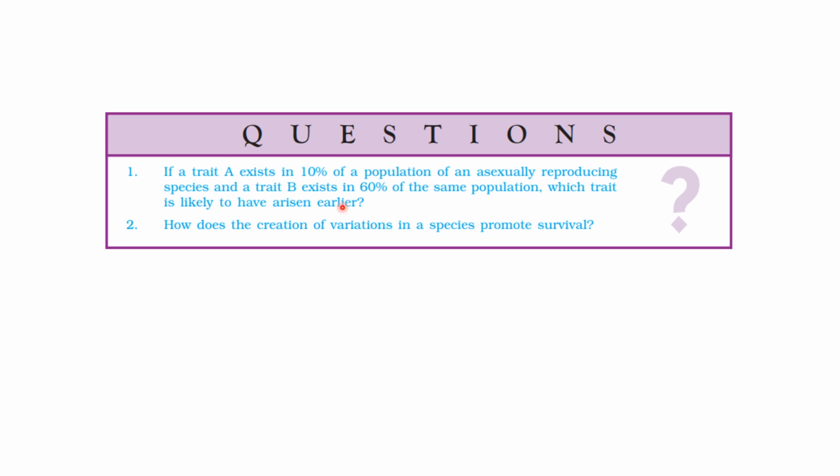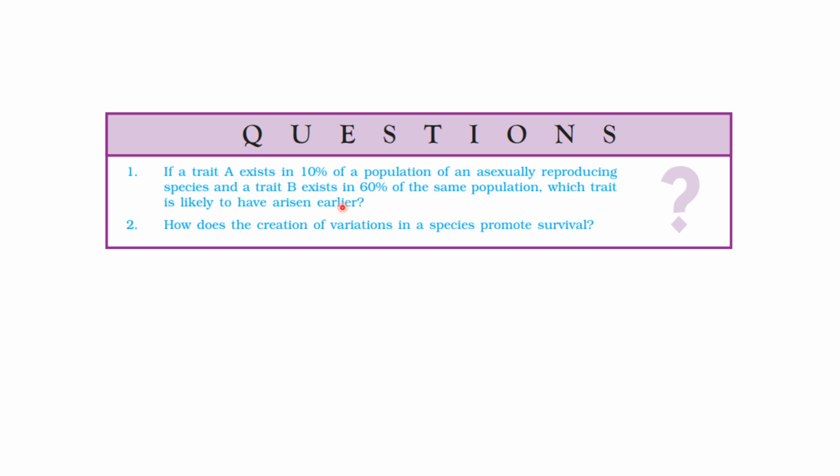Okay, so higher prevalence of triad B suggests it has had more time to spread as compared to triad A. Okay, and second one is mutation timing. So triad A may have arisen more recently, giving it less time to propagate throughout the population. Okay, so both ways the answer is that triad B arose earlier, right?